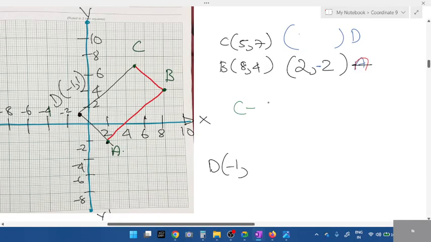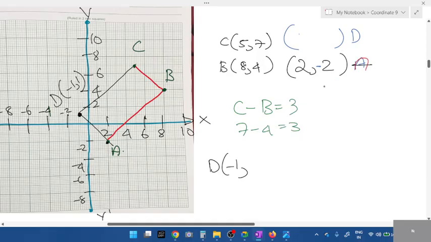C minus B is how much? Not minus 3, it's 3, right? What is C minus B, students? 7 minus 4 is equal to 3.